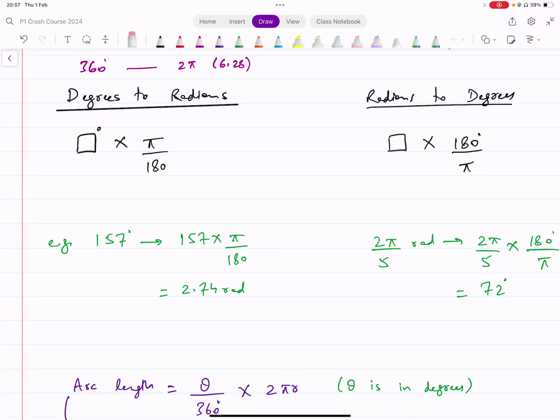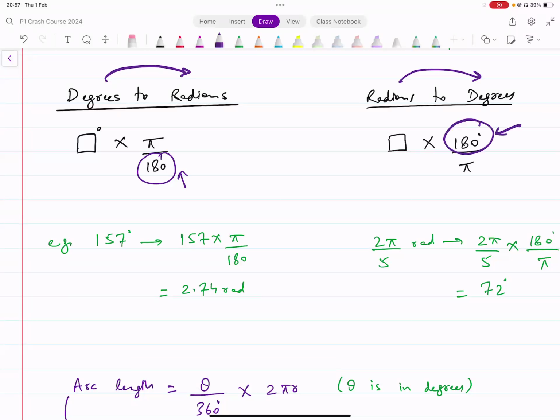When we want to go from degrees to radians, we want to make the number smaller, so we have 180 in the denominator. When we want to go from radians to degrees, we want to increase the size of that number, so 180 is in the numerator. That's one way to remember this.